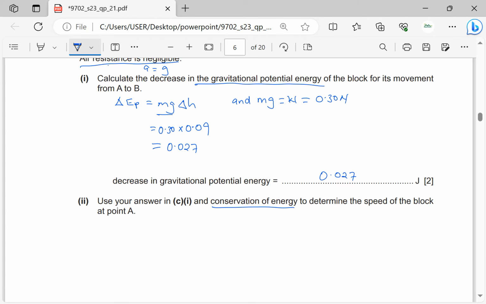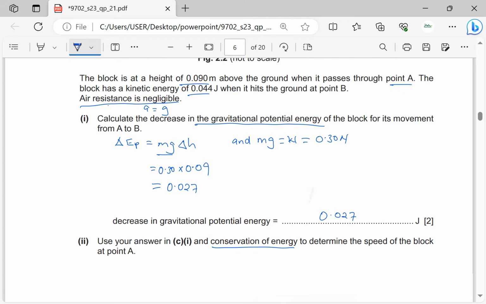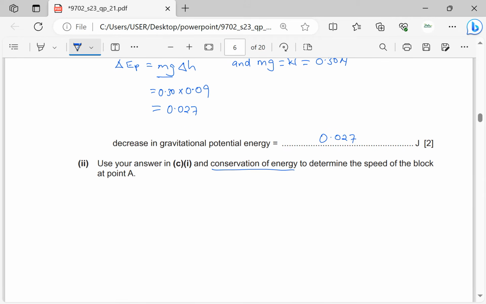So at point A, it was already moving, so it means it had kinetic energy. Then at point B, it is gaining kinetic energy as it loses its gravitational potential energy. So I know that kinetic energy, Ek, is equal to a half mv squared.